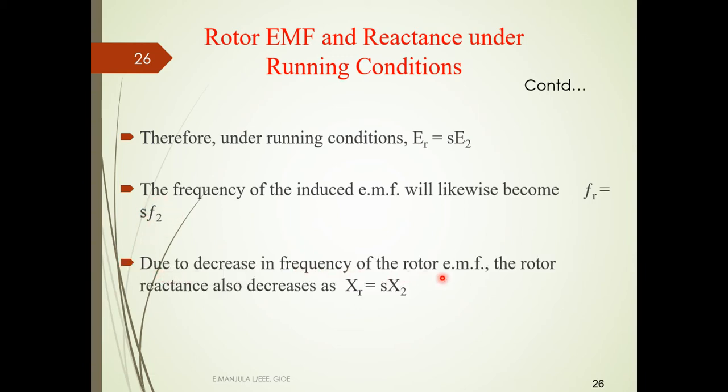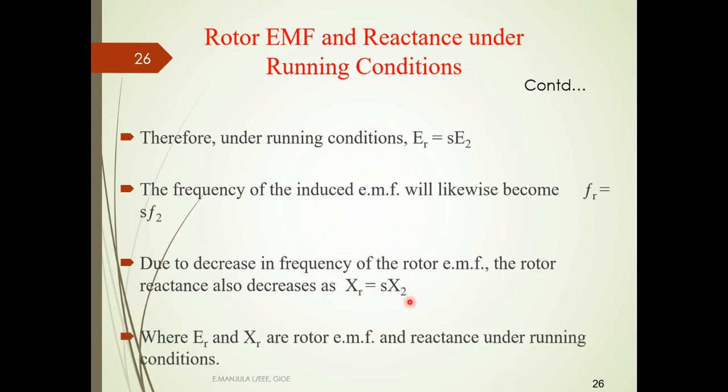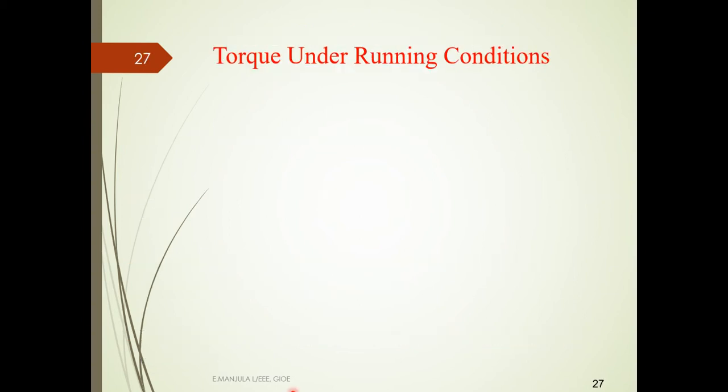Due to the decrease in frequency of the rotor EMF, the rotor reactance also decreases, as XR equals S into X2, where ER and XR are rotor EMF and reactance under running conditions.